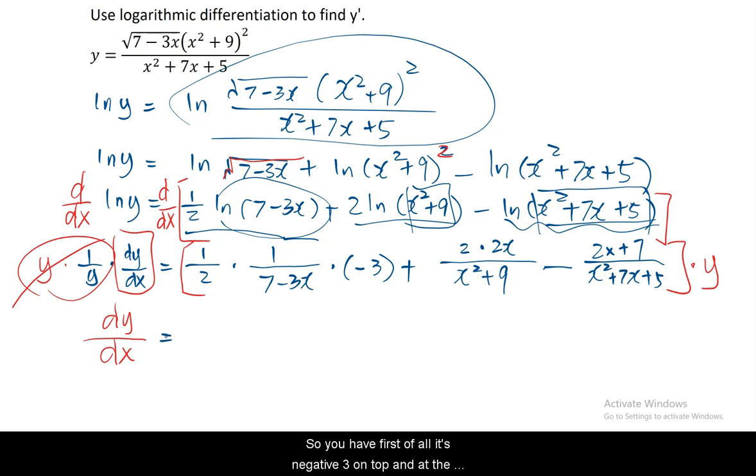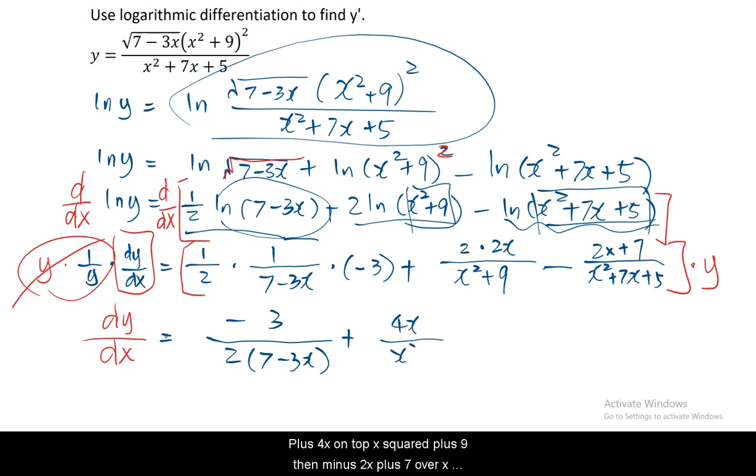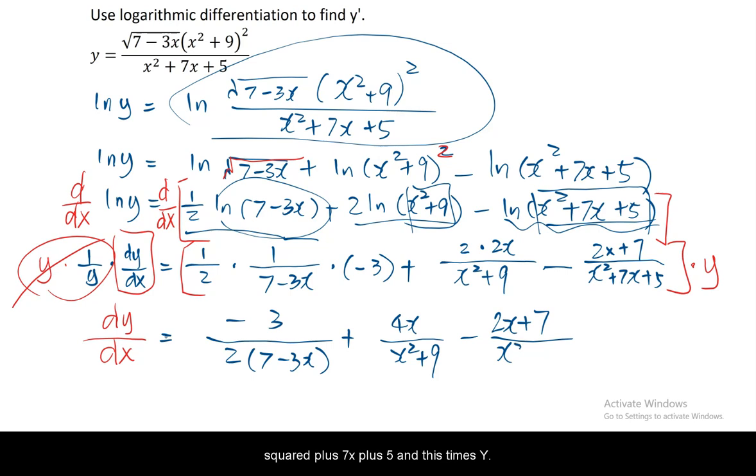First of all, it's negative 3 on top, and at the bottom it's 2 times 7 minus 3x, plus 4x on top, x squared plus 9, then minus 2x plus 7 over x squared plus 7x plus 5, and this times y.